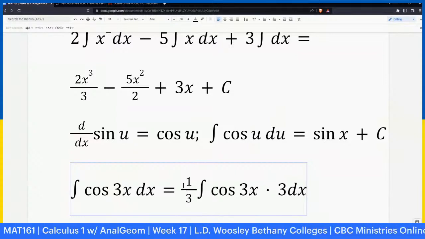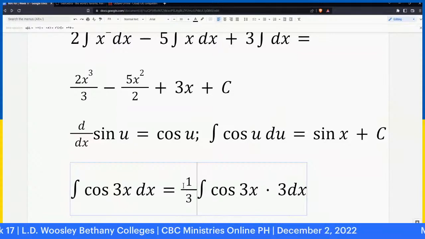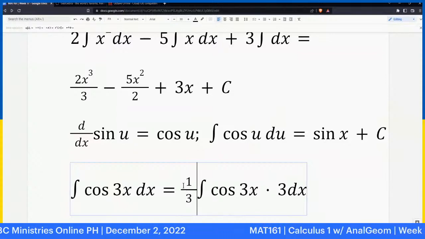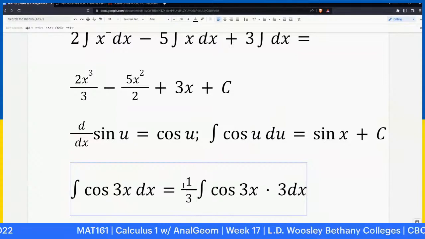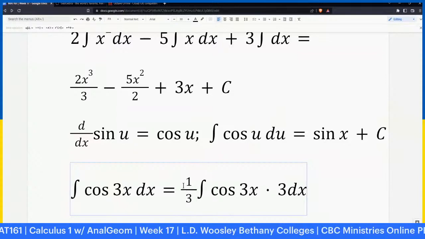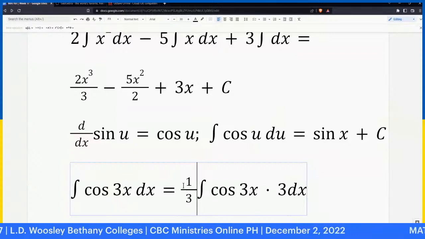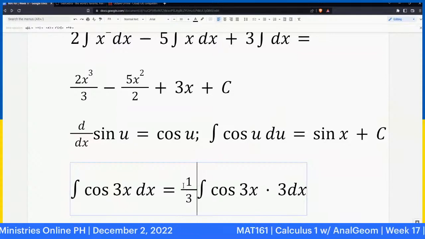Gets ba guys? Magtanong na. Nag-gets ba bakit kailangan ng 3 doon sa dx? Kasi kung ano yung u, yun ang du mo. And since u is equal to 3x, therefore du is 3dx.